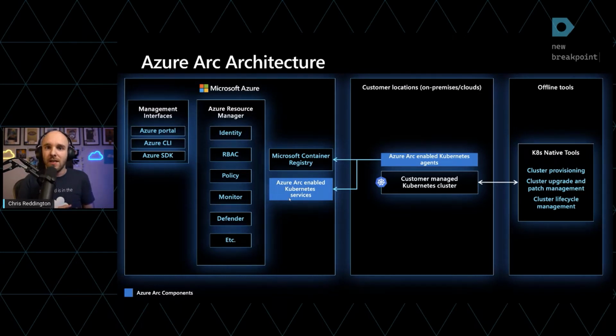So think about things like using Azure policies to restrict what images, for example, can be brought down onto that Kubernetes cluster, and other different policies that you could go and configure there. How about managing your deployments at scale by using things like GitOps, for example? Well, again, that's now something that you can do. If that Kubernetes cluster has the Azure Arc-enabled Kubernetes agent running on it, then awesome.